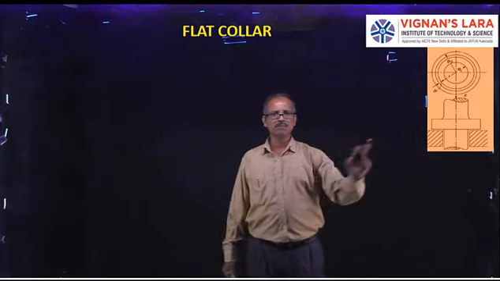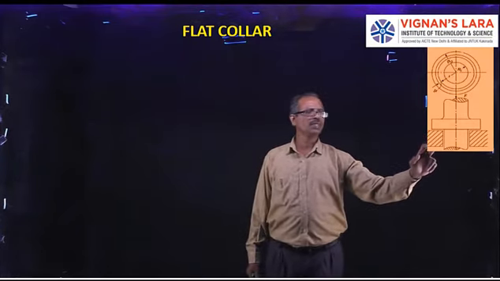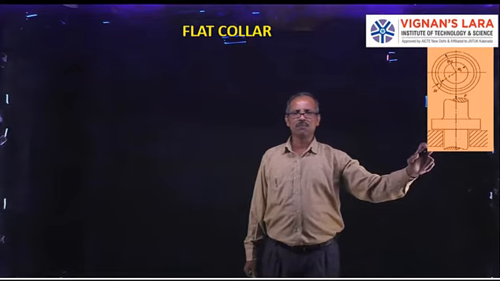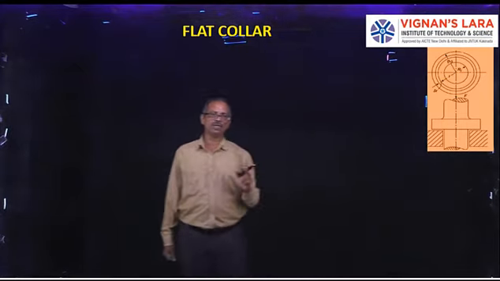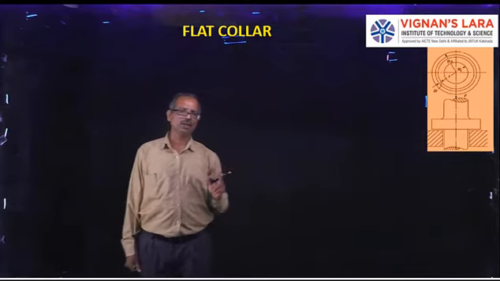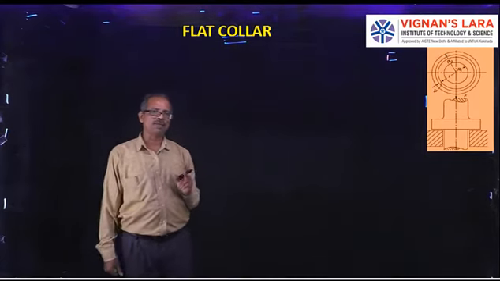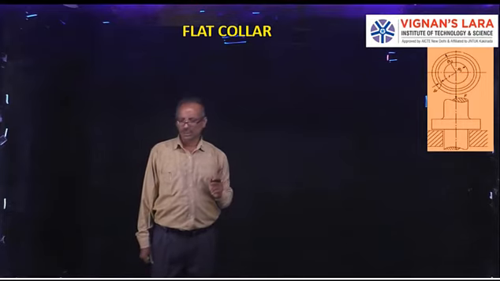In this step the load is taken. So I want to find out what is the load coming on this and what is the torque that is transmitted by applying that frictional force.